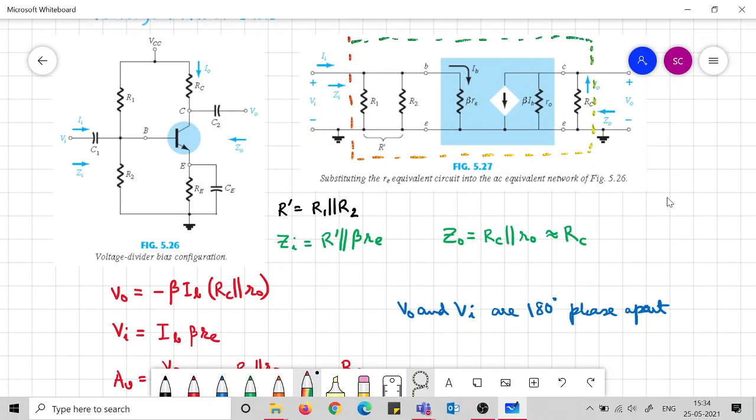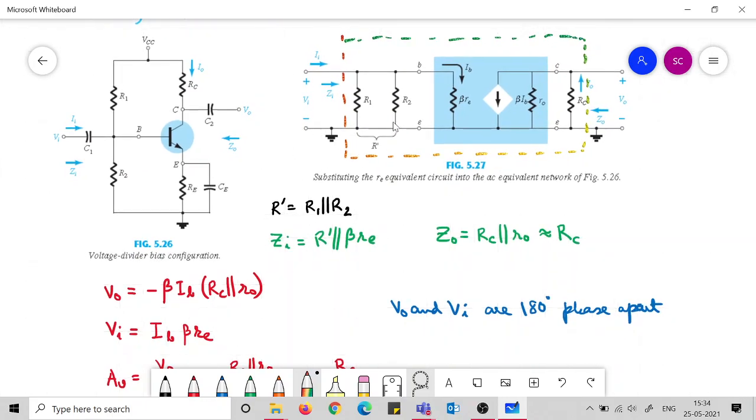Okay. So again we start. This R is taken as R dash. This is a parallel combination, very easy to understand. This parallel combination is taken as R dash, and then your Zi is nothing but R dash parallel to beta Re. Please remember, in the previous configuration, fixed bias, in place of R1 parallel to R2, there was RB.